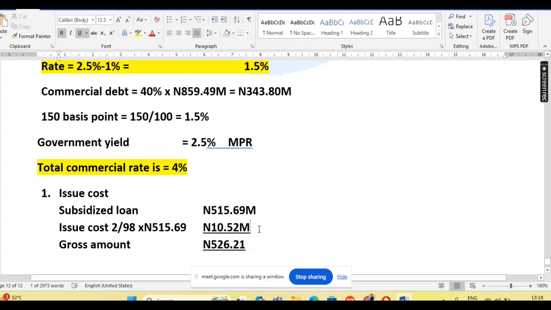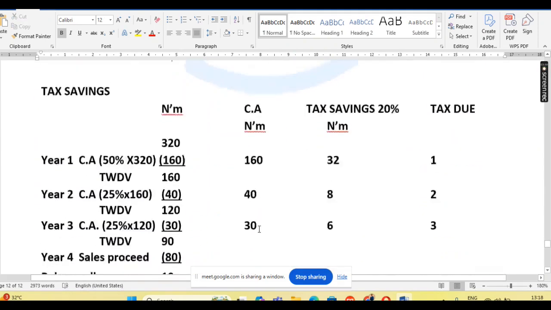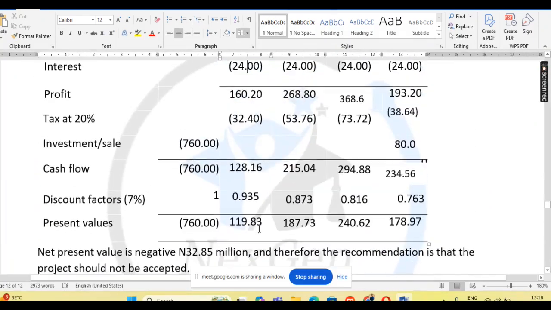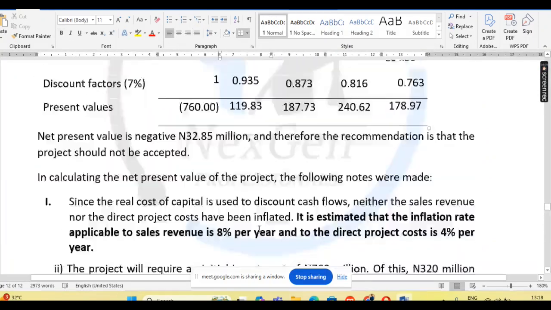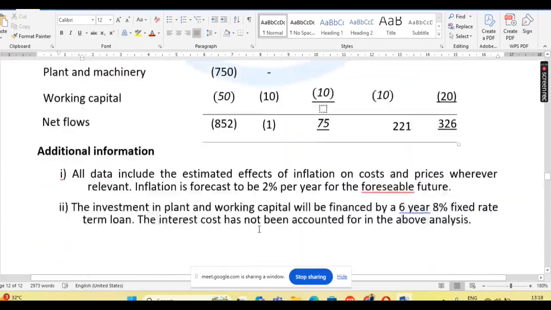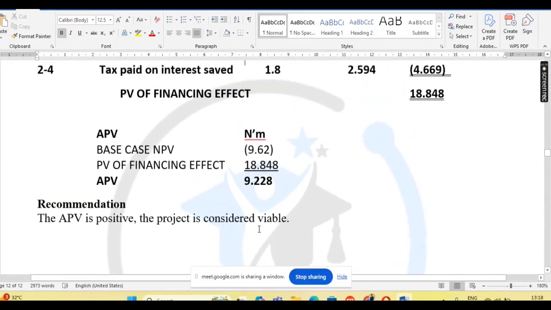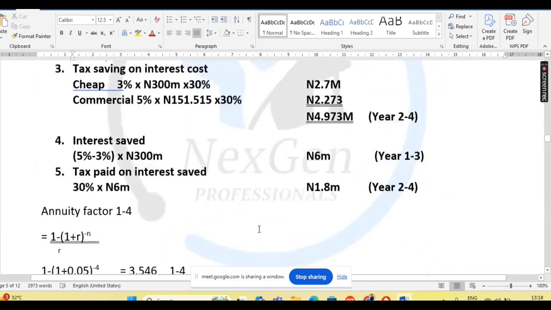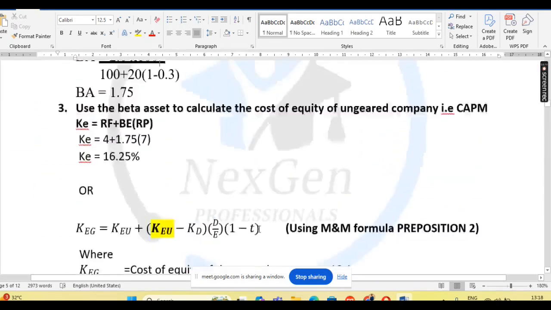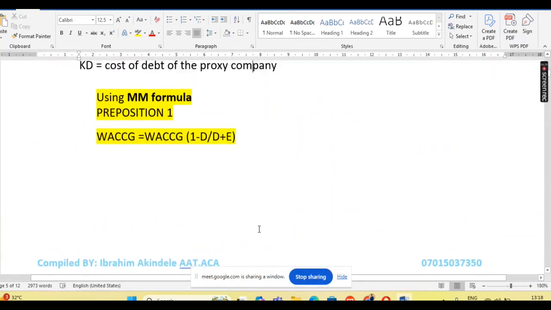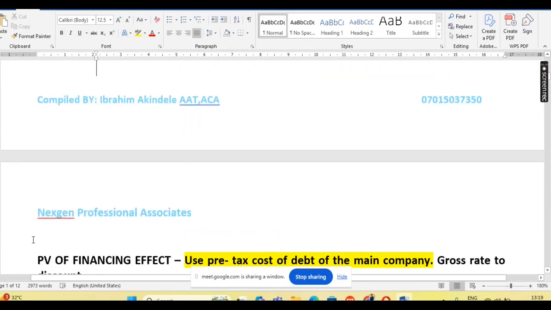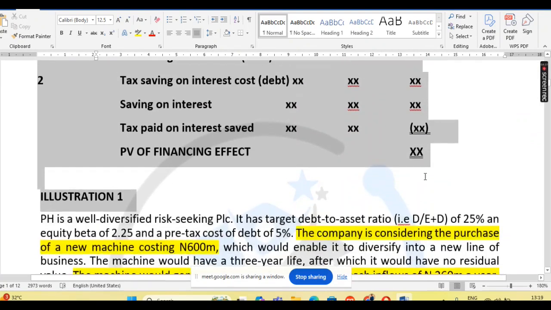Let me bring our format of financing effects so that you will see what we need to do. I'll just copy the old format.